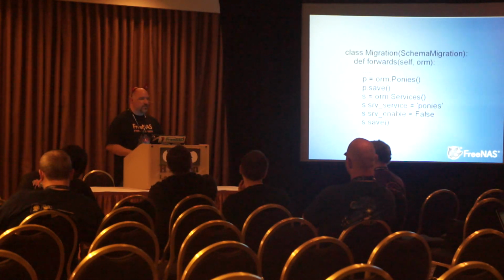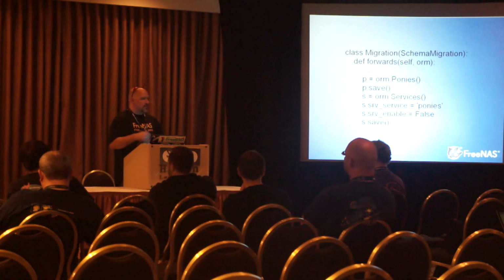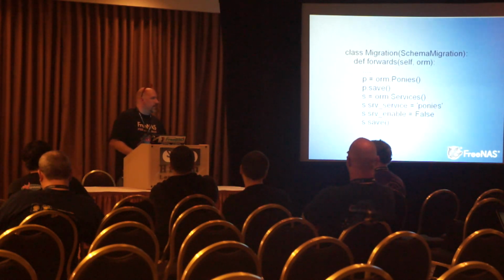Whenever you change the database schema, South will pick up that change and generate a script that adds a new table entry to the database, or removes the entry, depending on what you're doing. This here is our migration script that South would generate, and we're adding a new service here.